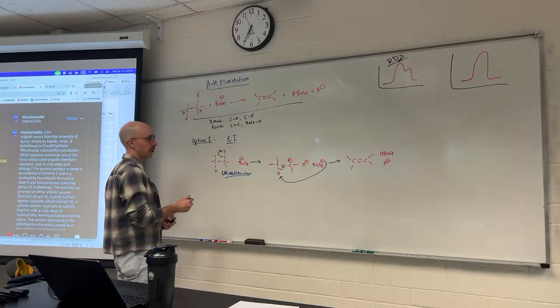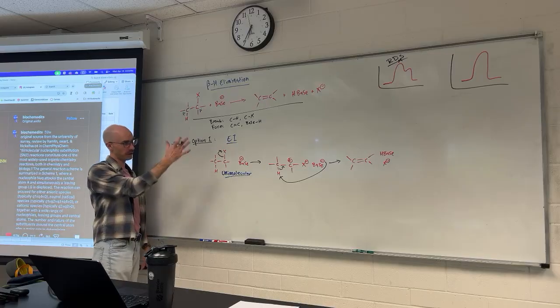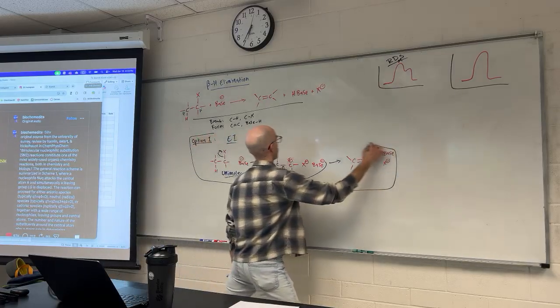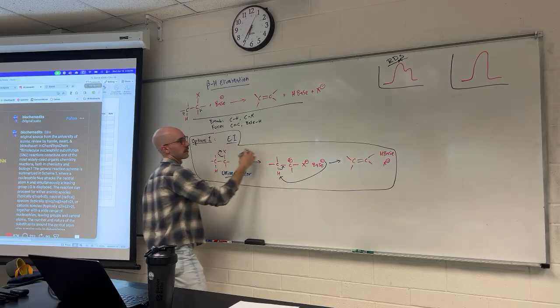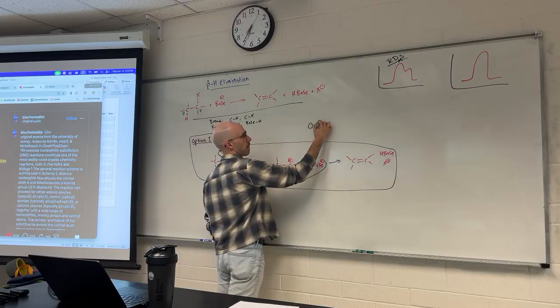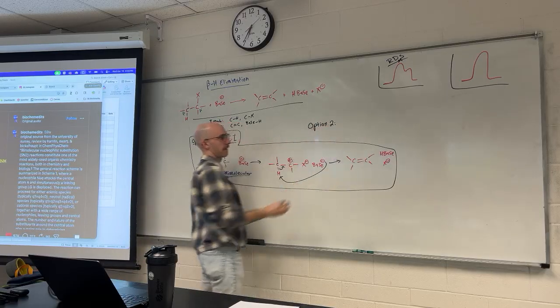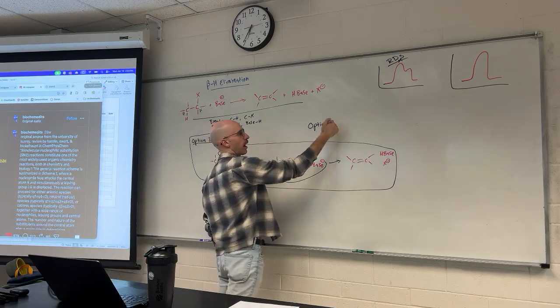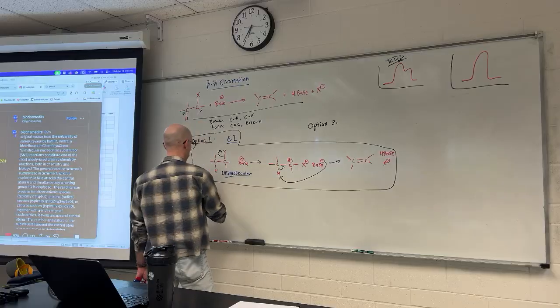So what can we expect for option 2? I'm in a weird spot on the board, so I'm going to come over to the right-hand side. Maybe I'll give you option 3 again. Let me give you option 2 as an option that won't work.